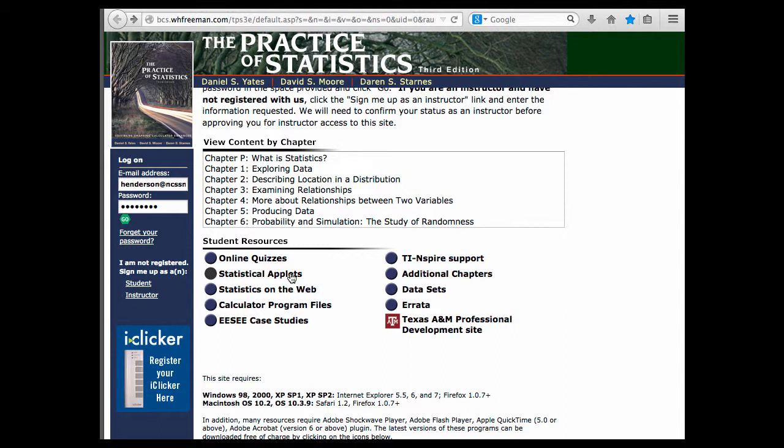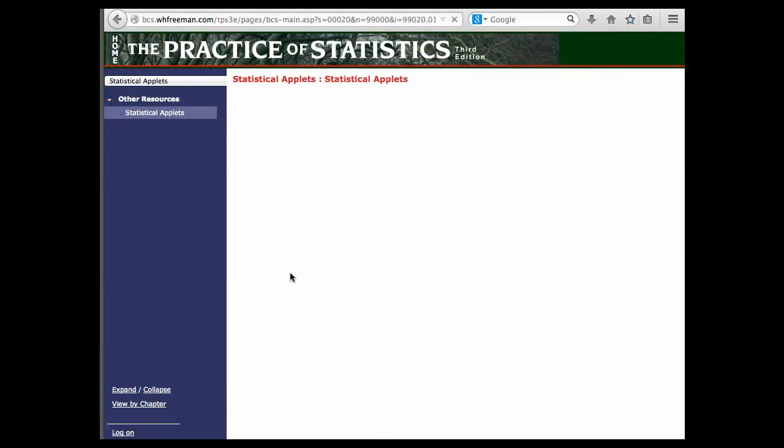You do not have to log in for this, as you do when you take the practice quizzes. It might take a second to render, so just give it a minute. I actually already had these loaded up and it's still taking time. Once you get to the next page of all the applets, you're going to want to choose the one that says Correlation and Regression Applet. You'll see it in the left column.